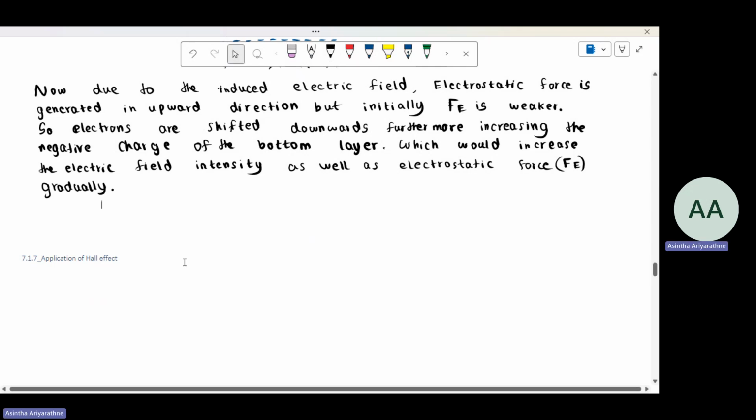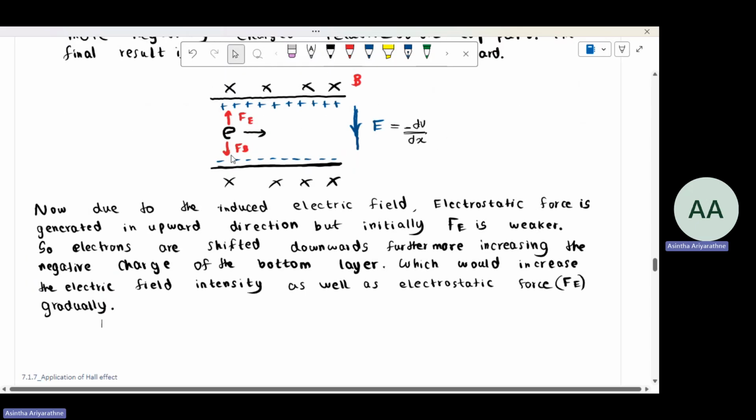So initially the electrostatic force is weaker, Fb is higher, so electrons would be shifted furthermore downward. Now due to the accumulation of additional electrons, the electric field intensity would go up, and Fe also would go up.